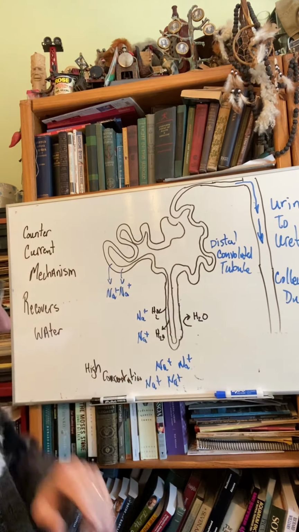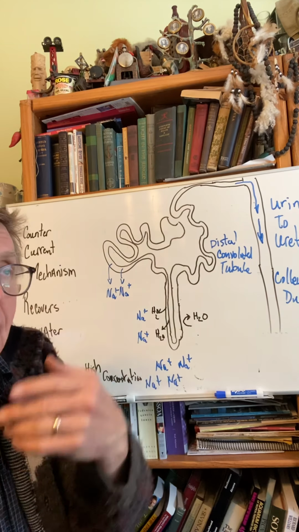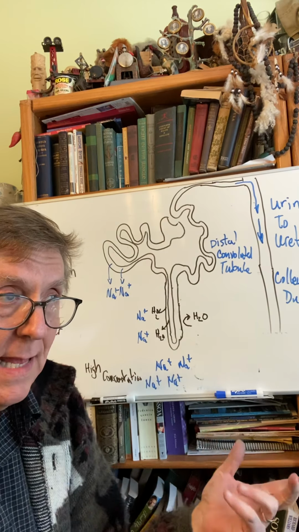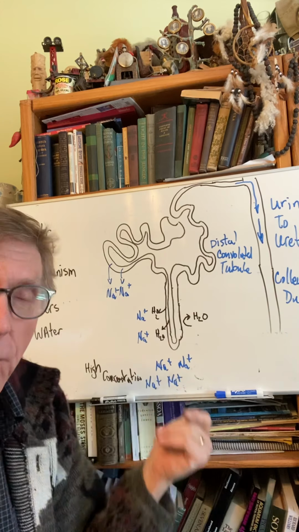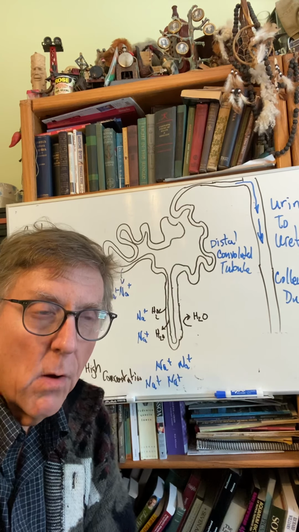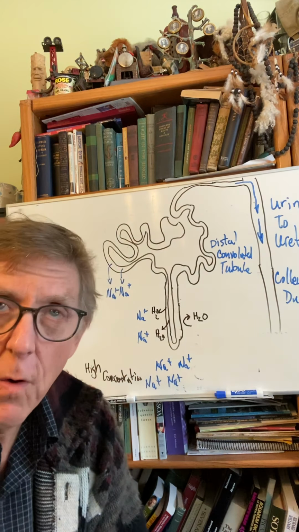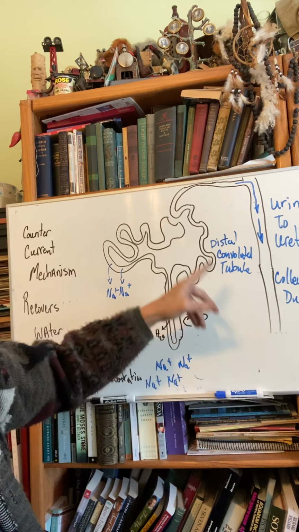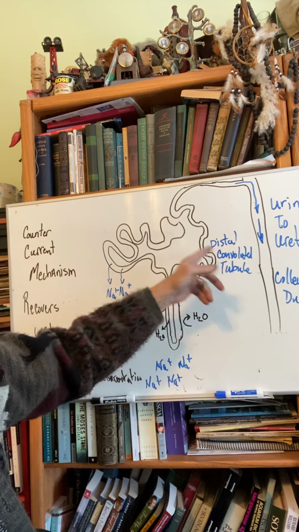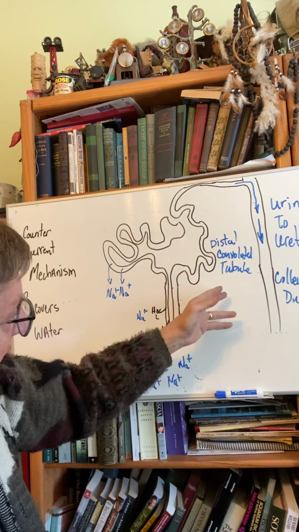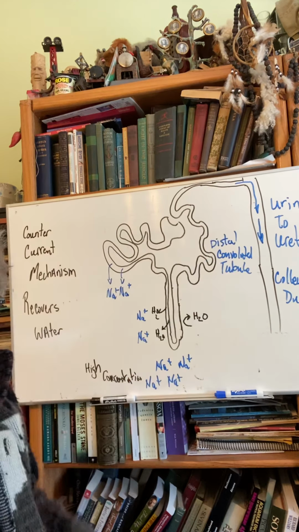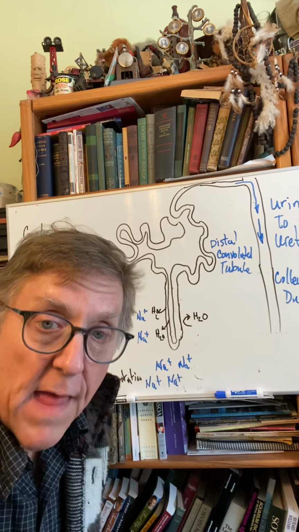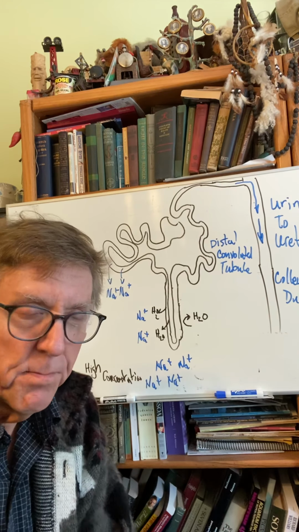So the distal convoluted tubule can also function in recovery of water through antidiuretic hormone, or there was another hormone called aldosterone, which is going to cause sodium to be retained and potassium to be lost. And so again, that will also increase water.